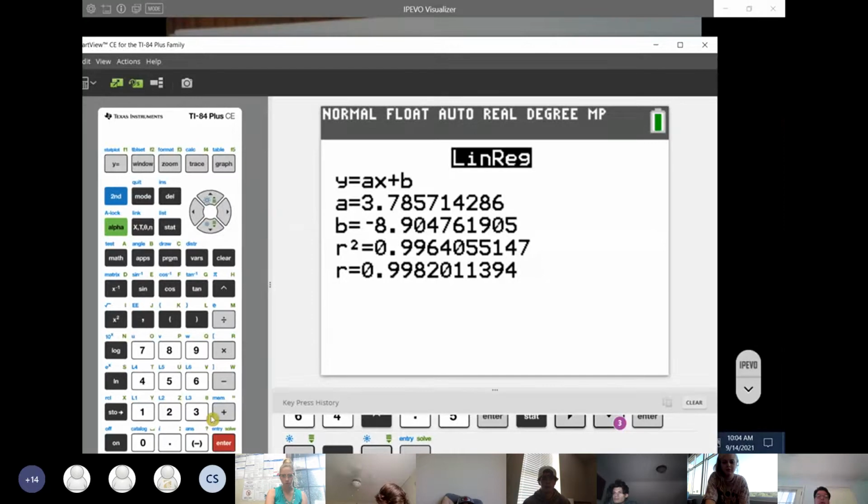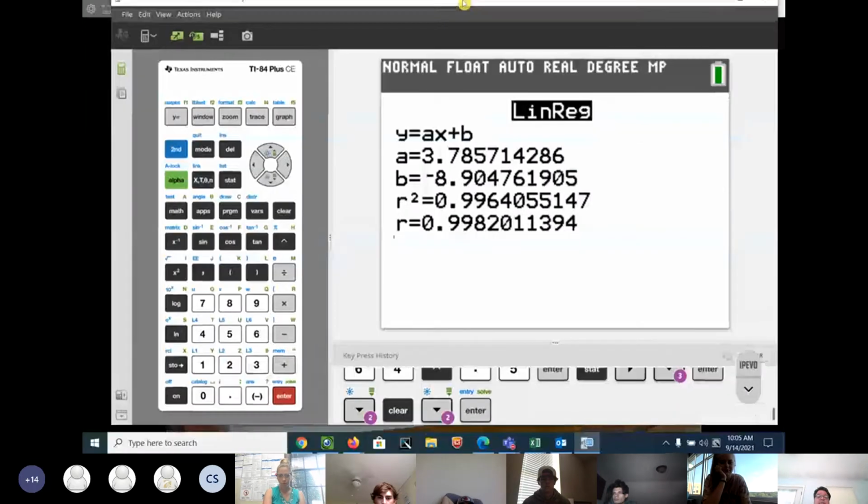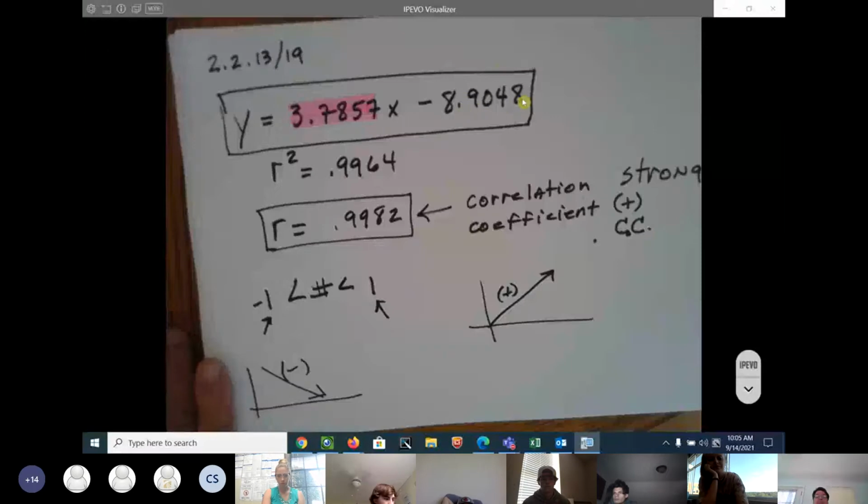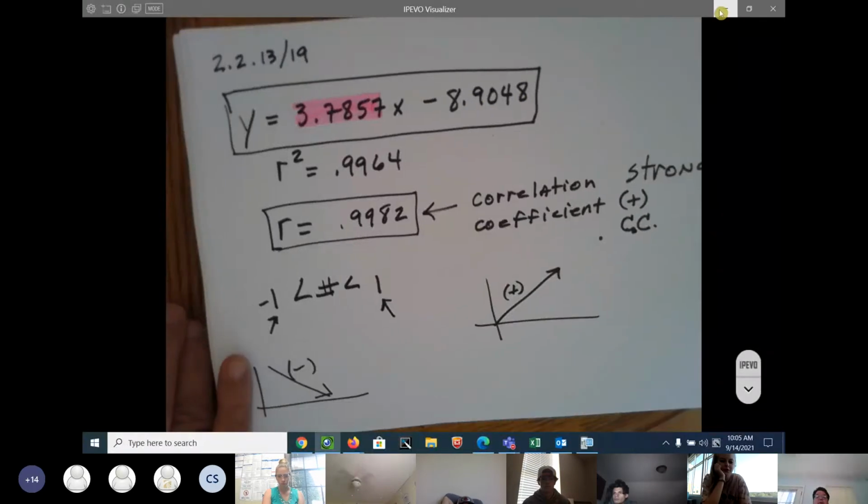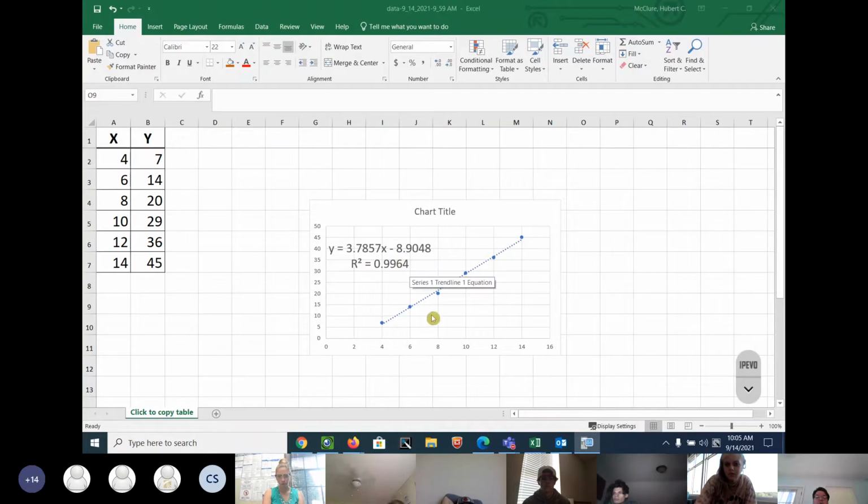And A is 3.7857, like we have on our problem right here. And then the y-intercept is negative 8.9048. And that's what we got right here.